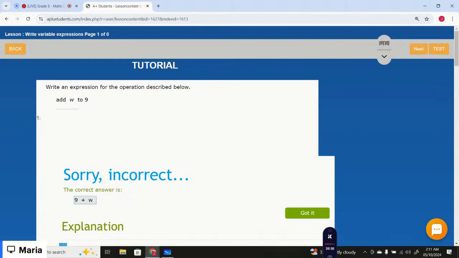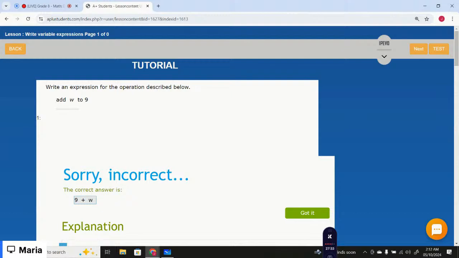You have to write it down in the mathematical form.